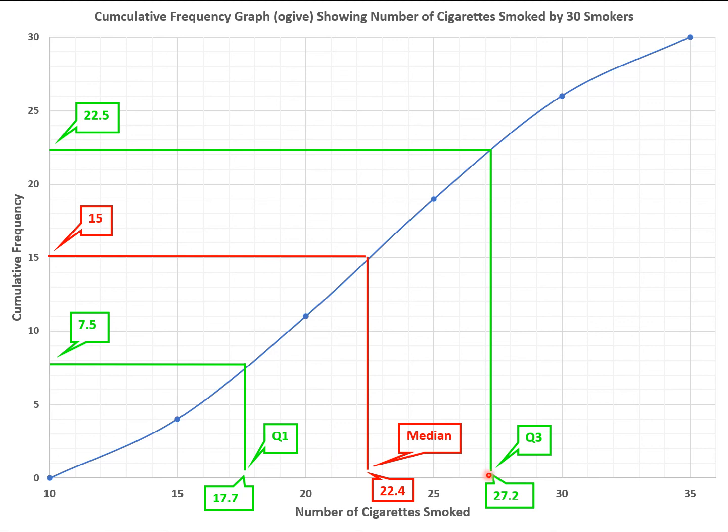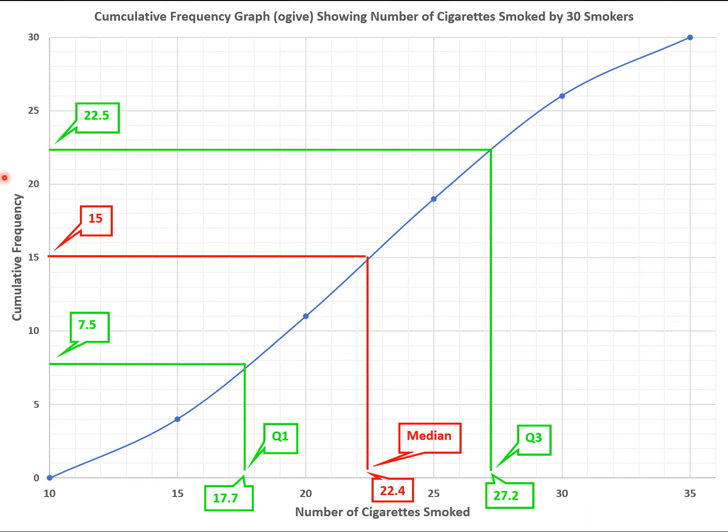Now, sometimes if this is relating to salary, you might like to be in the highest quartile, the top quartile. You wouldn't like to be in the lowest quartile there. Maybe as a smoker, you might like to be. So where students often get confused with quartiles is dividing something up into 4.